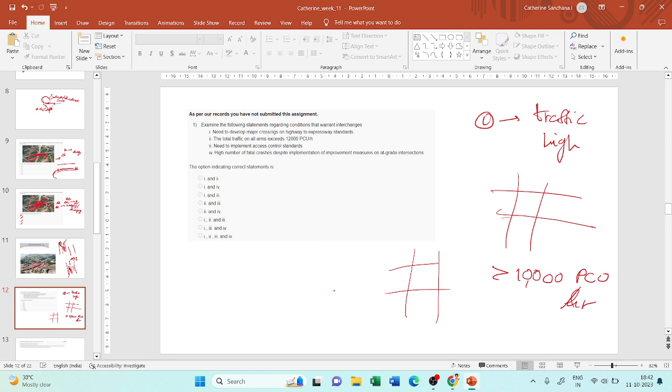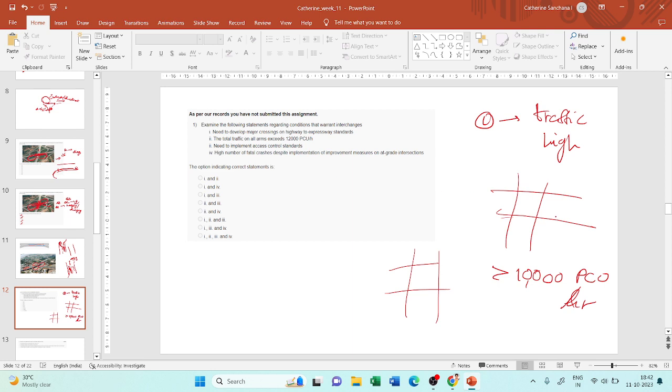You're controlling the access of the road. So you will not allow any vehicle to enter anywhere. You will tell the vehicle that you have to enter only at this point. So that is called access control. So if you want to go for an access controlled standard, then you have to go for an interchange.